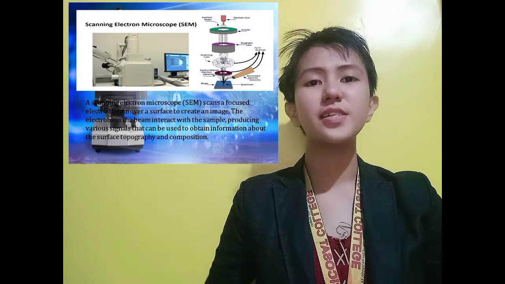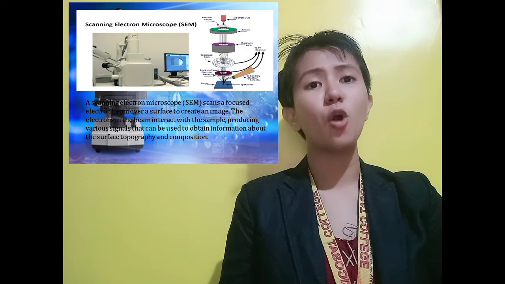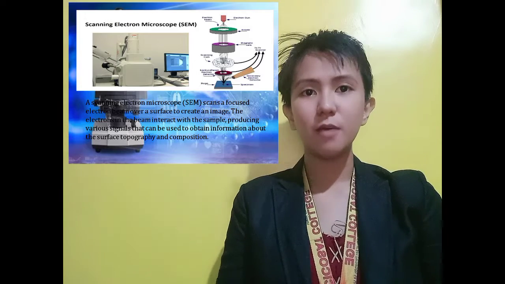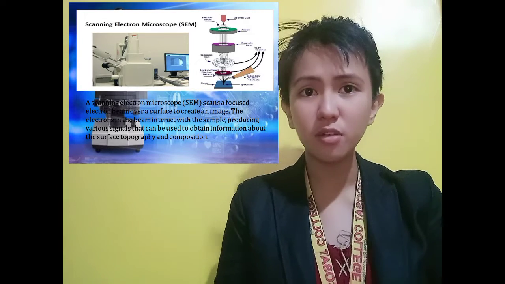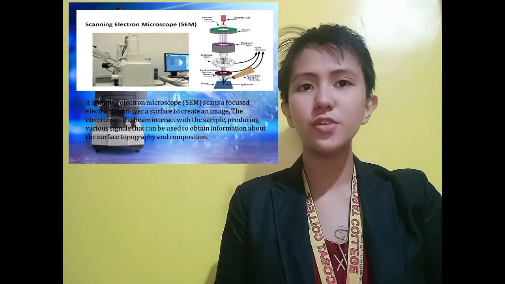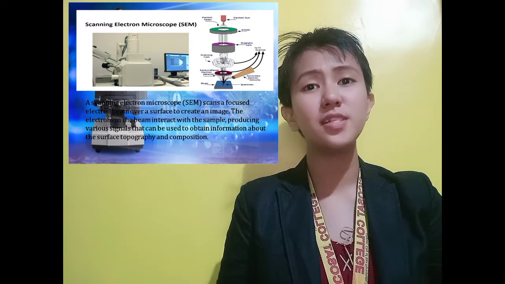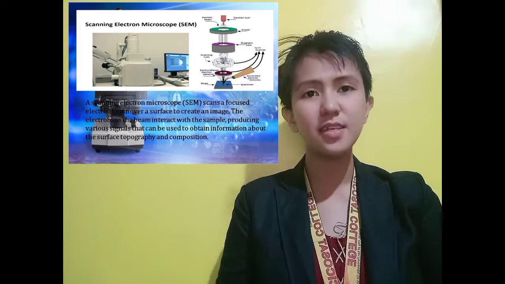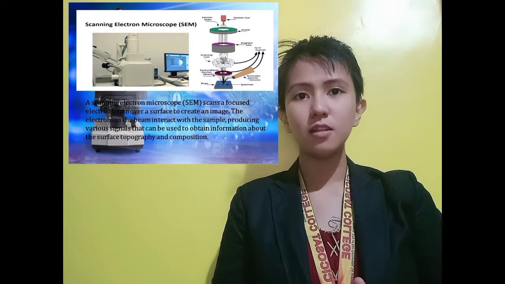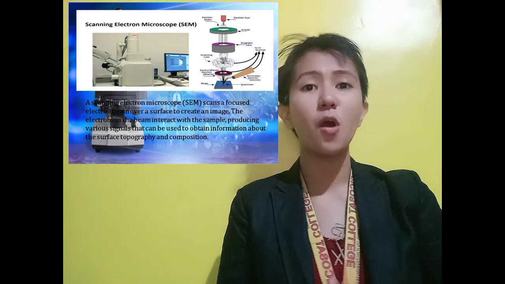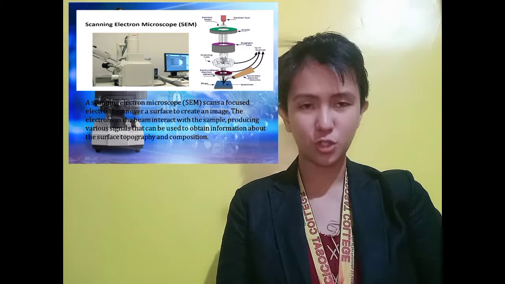The fifth is the scanning electron microscope, or the SEM, scans a focused electron beam over a surface to create an image. The electrons in the beam interact with the sample, producing various signals that can be used to obtain information about the surface topography and composition.